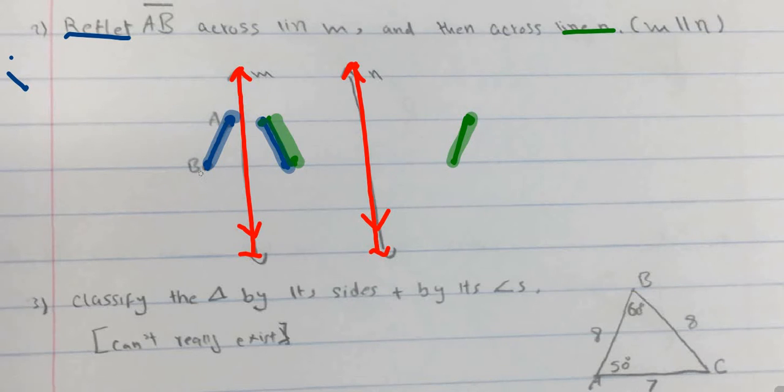You're going to notice here that the original image, number 1, is the same as image number 3. So whenever you reflect across a set of parallel lines, the original and the final results will be the same thing.